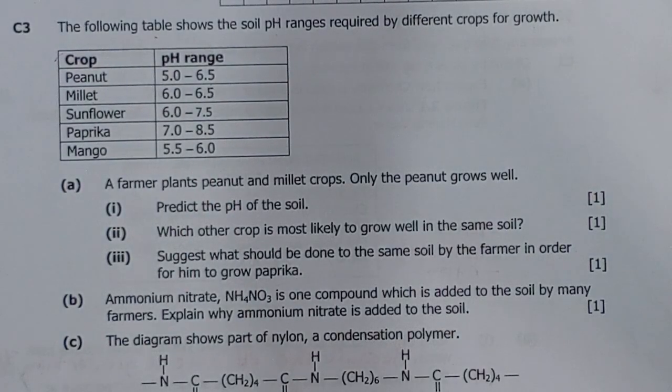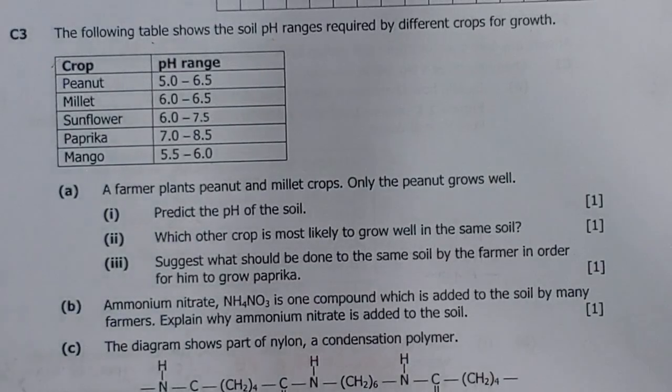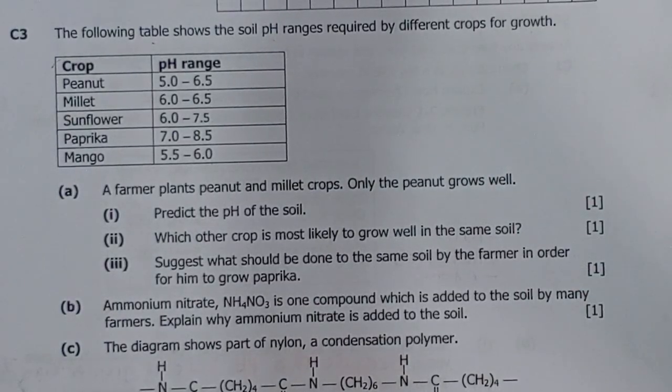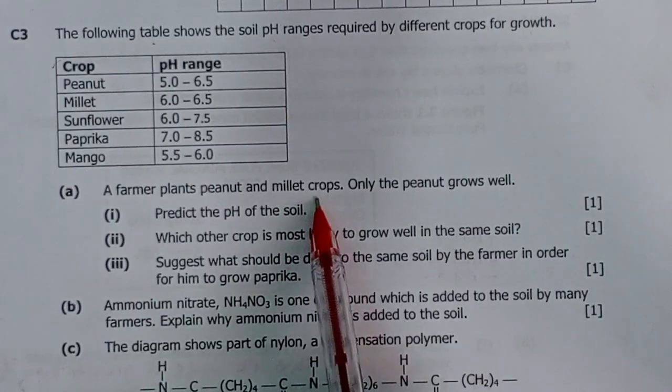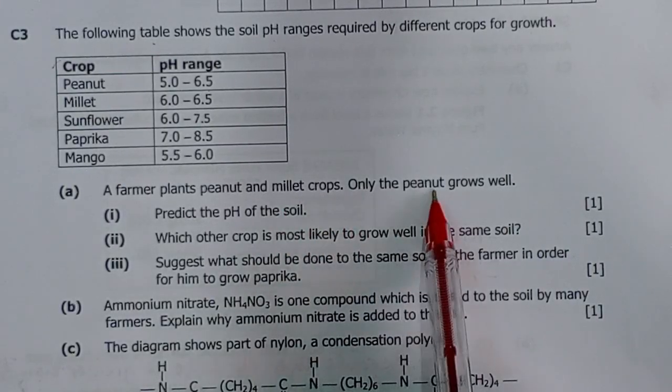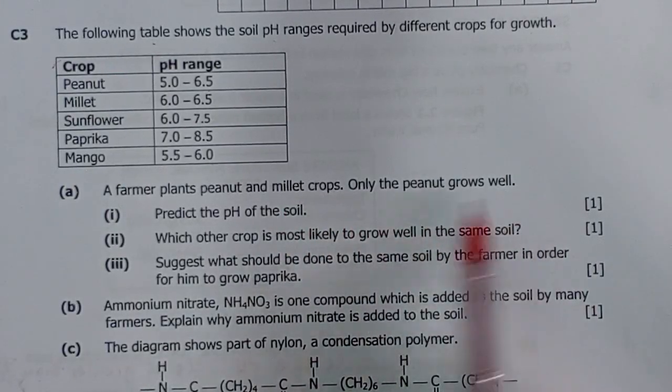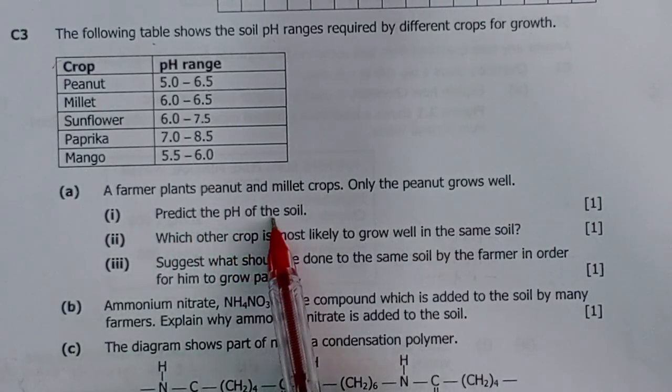That is the pH range. Part A: a farmer plants peanut and millet crops. Only the peanut grows well. Predict the pH of the soil.